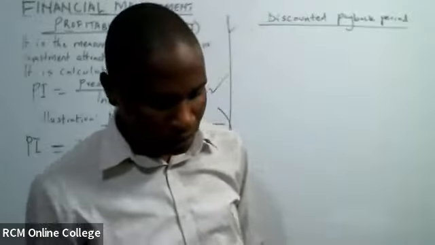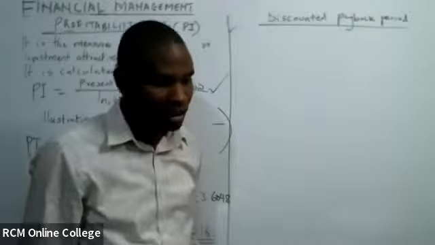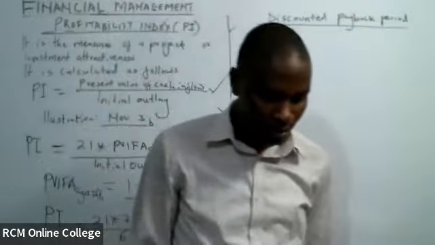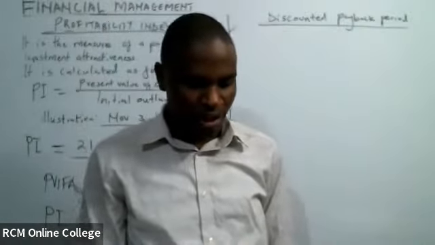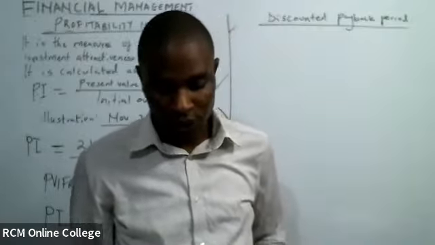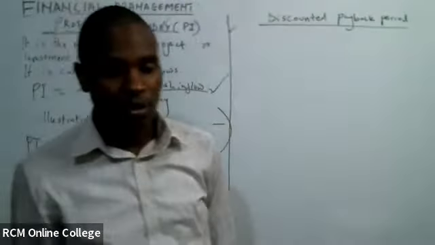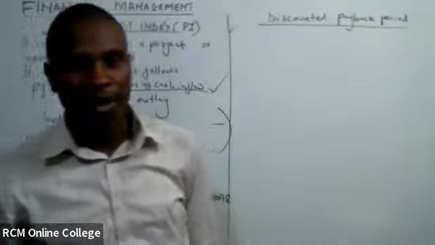Now we repeat, a discounted payback period gives the number of years it takes to recover the initial investment by discounting the future cash flow and recognizing the time value of money.